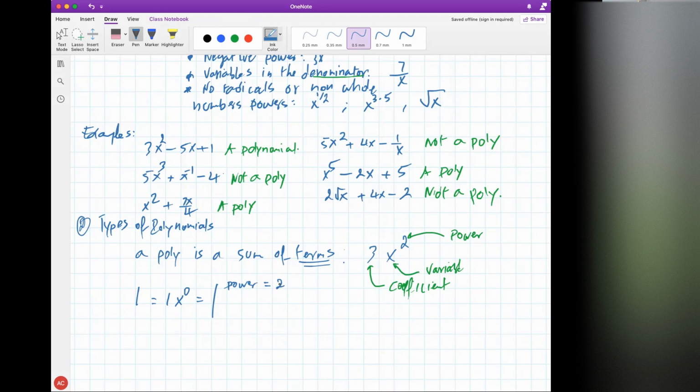So the power of a constant term is 0. The variable should match whatever variables are in the other terms. For example, here we have x, which could be an invisible x also. And then, of course, we can talk about the coefficient. Now we can think of this as a coefficient of an invisible variable. So that's the coefficient.